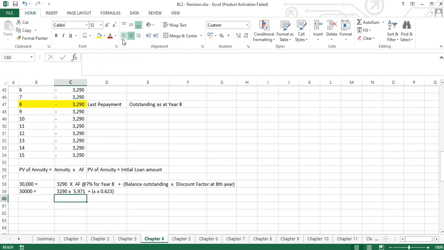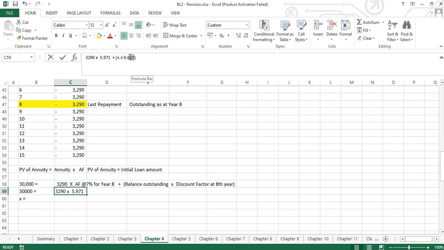So 3,290 multiplied by 5.971, minus 30,000, divided by the discount factor.